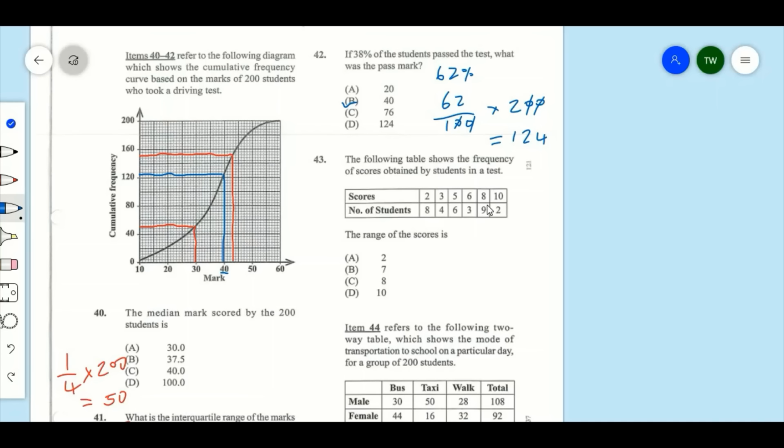So here, when you look at the table, the highest value is going to be 10. And the least value is going to be 2. So the range is going to be 10 minus 2, which gives us 8. So our answer for 43 is going to be C.